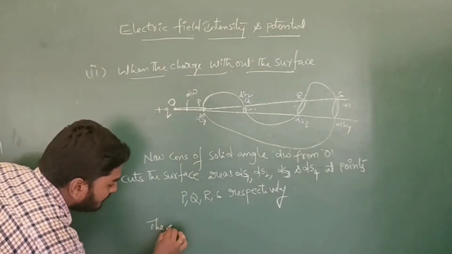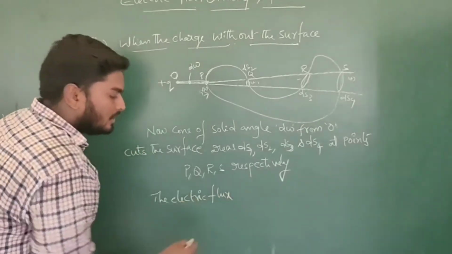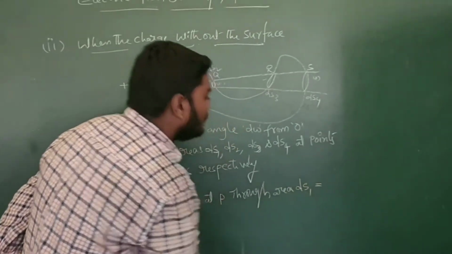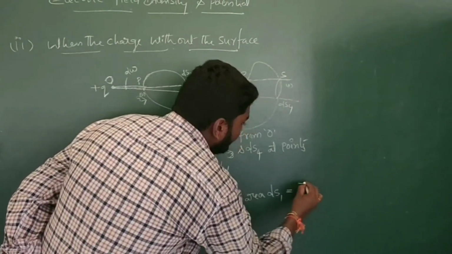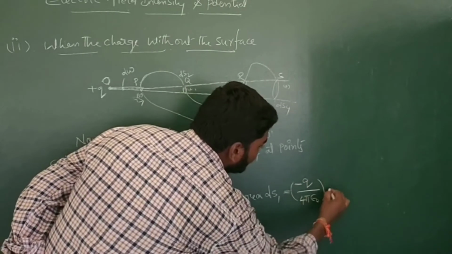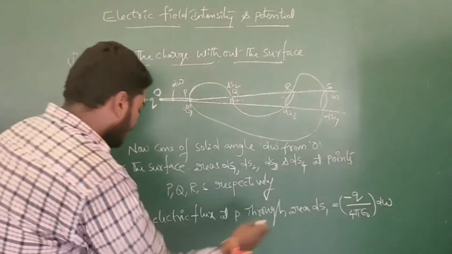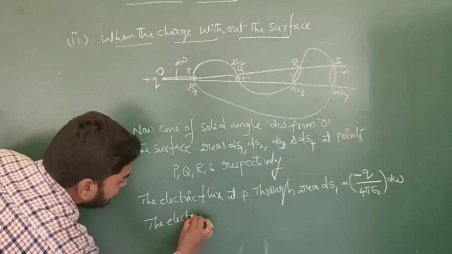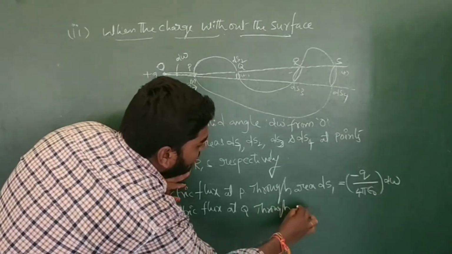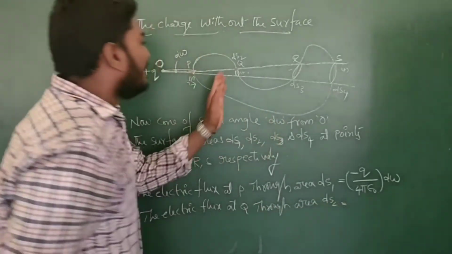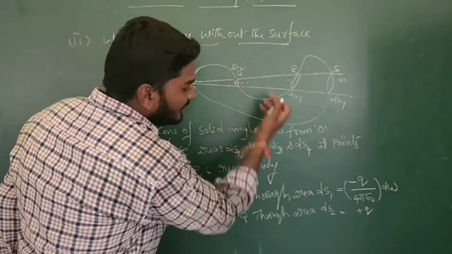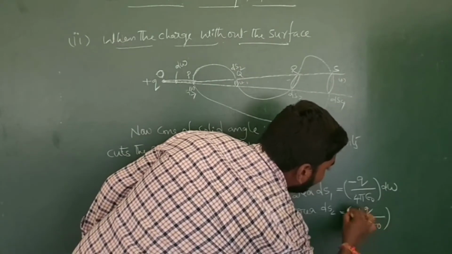The electric flux at P through area dS1, entering the surface, is negative: minus q by 4π epsilon naught into solid angle dΩ. Next, the flux at point Q through area dS2, leaving the surface, is positive: plus q by 4π epsilon naught into dΩ.